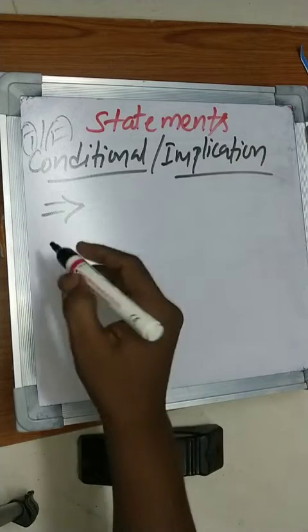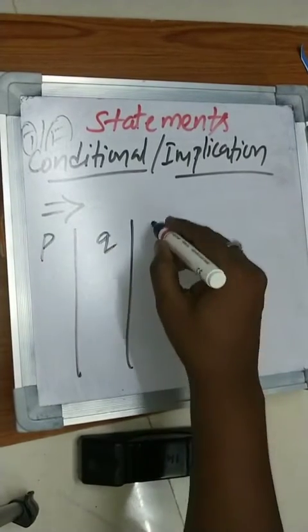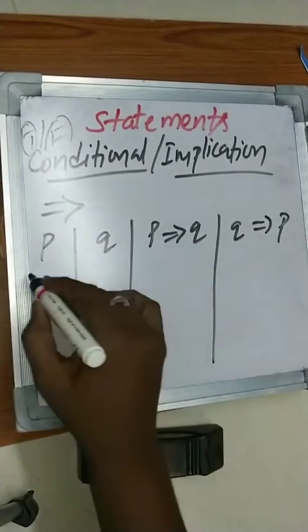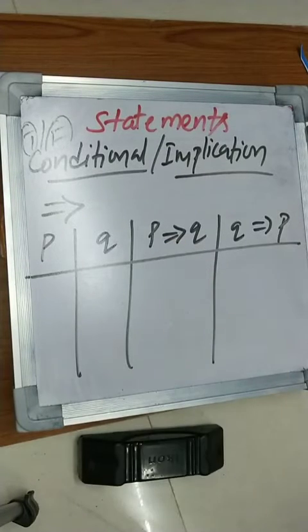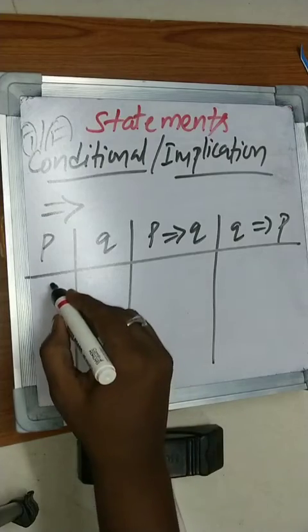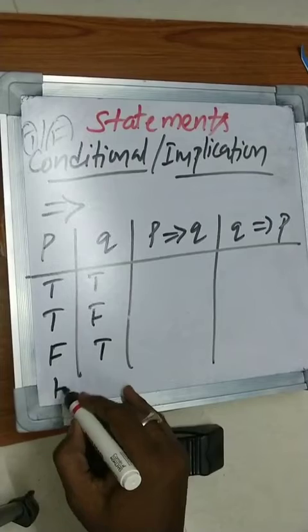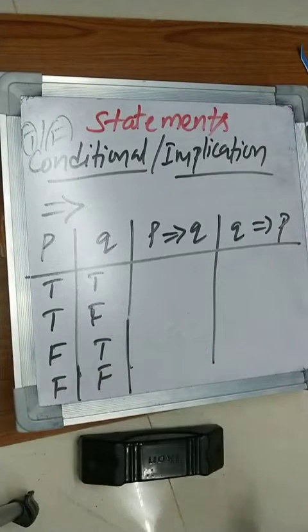Let me demonstrate with the help of a truth table: P, Q, P implies Q and Q implies P. Keep it in mind, whenever you have implication statements or conditional statements, a true statement cannot imply a false statement. This is the only logic. Let me have TT, TF, FT, FF.